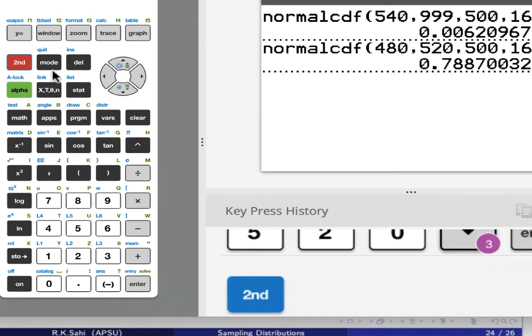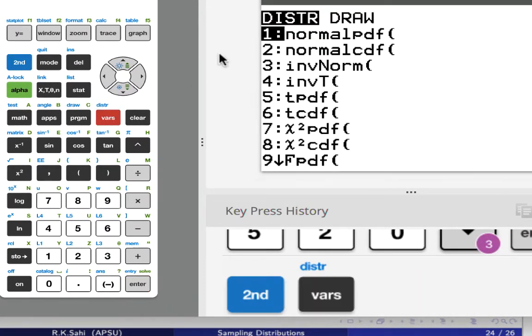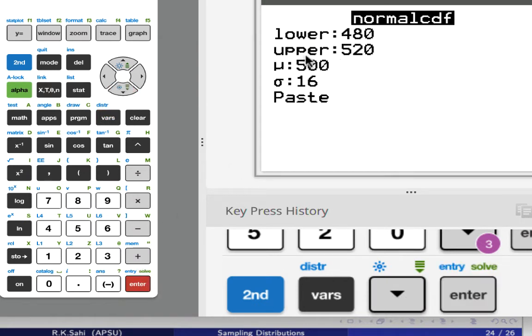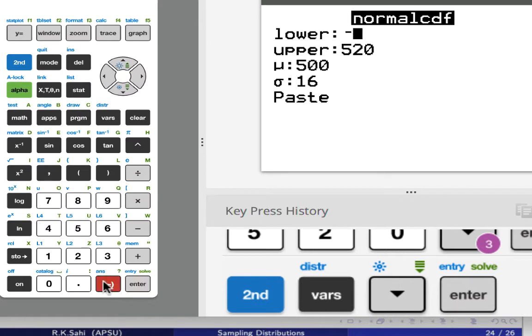Do second, then distribution, and take the cursor to number 2, normal CDF. Press enter. Now here the lower limit is negative 999, because you're looking at the amount of pudding less than the value. Got to be careful, guys: this is the negative sign we have to use, not the minus sign.